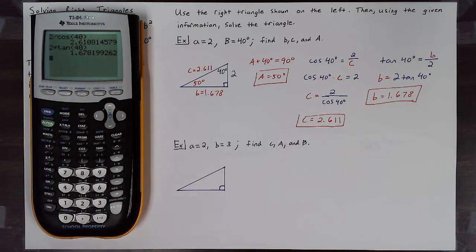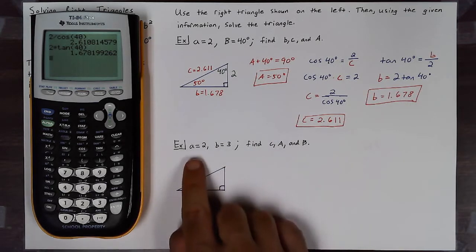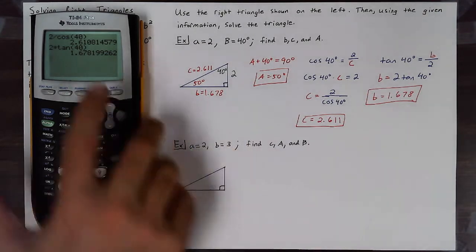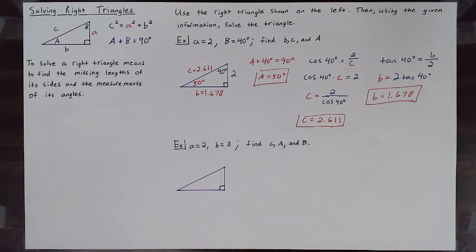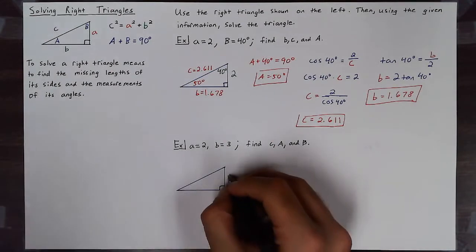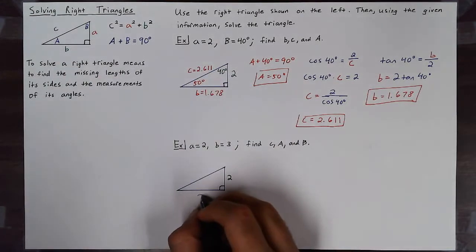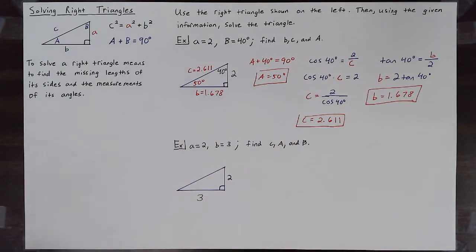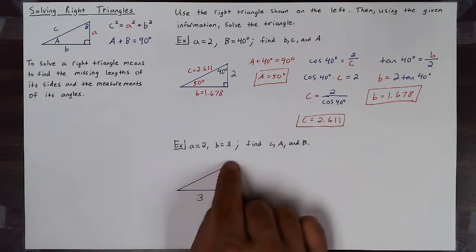Now let's look at another example. So I know two of the sides this time. I know side A, which is 2, and side B, which is 3. So the first easier thing to get is to find what the hypotenuse is.